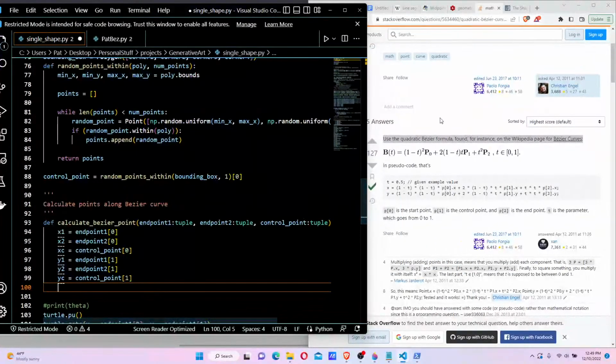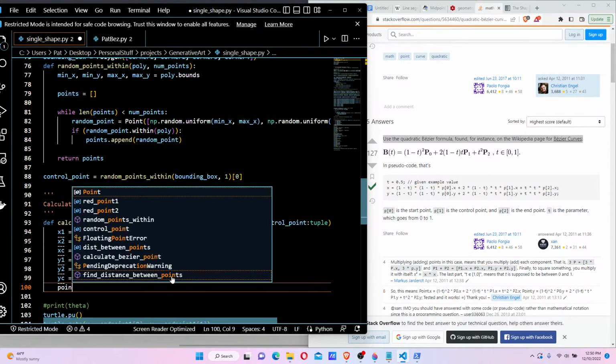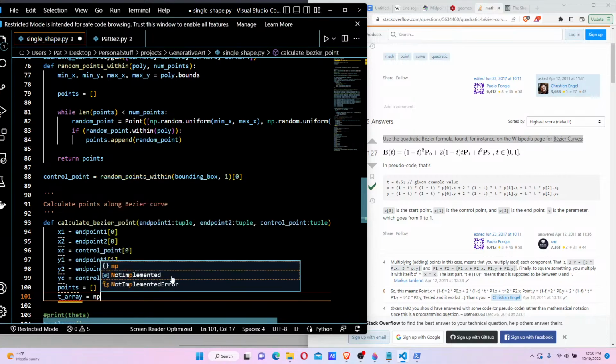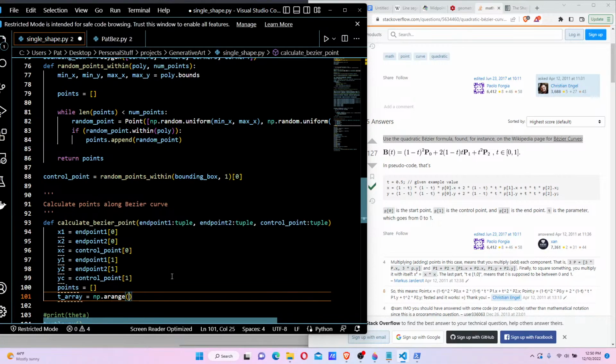And what's the equation look like? So 1 minus t, 1 minus t, p0.x. Okay, so get an empty list of the points. Now for t, t array is equal to np.arange.